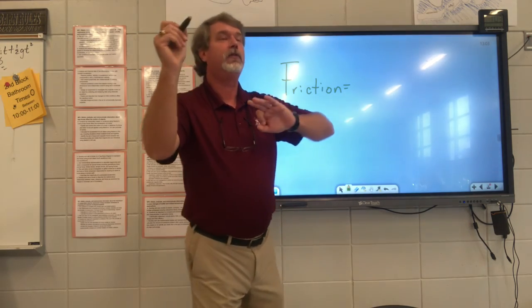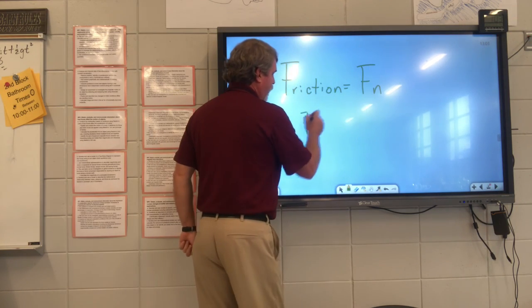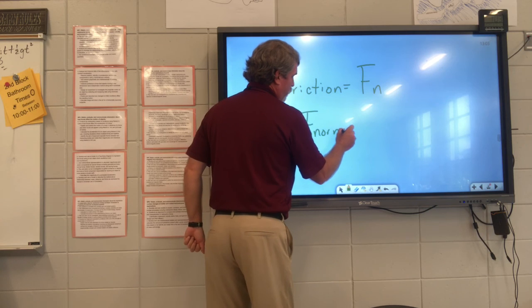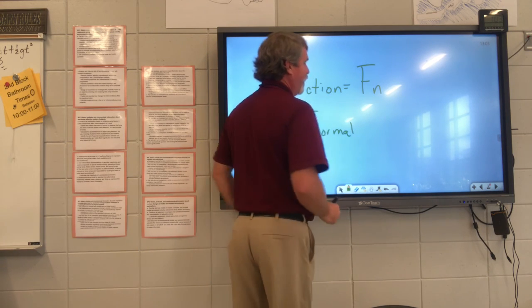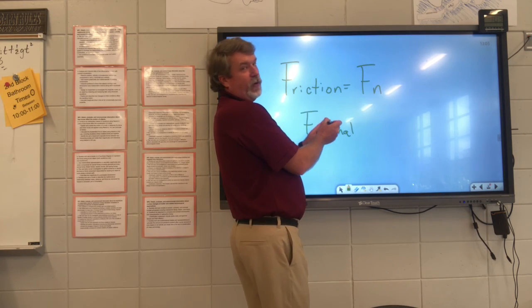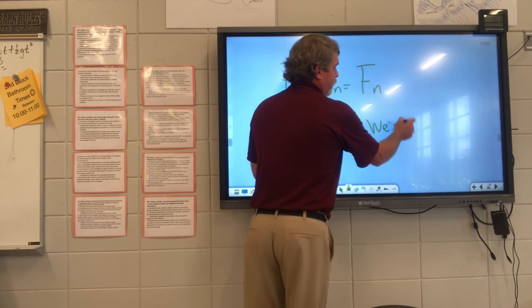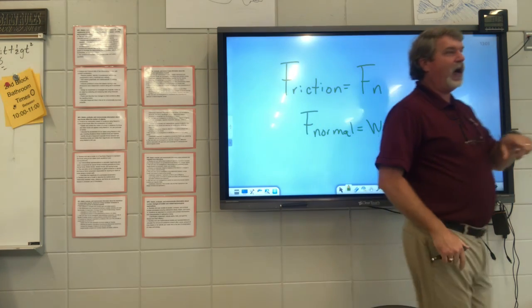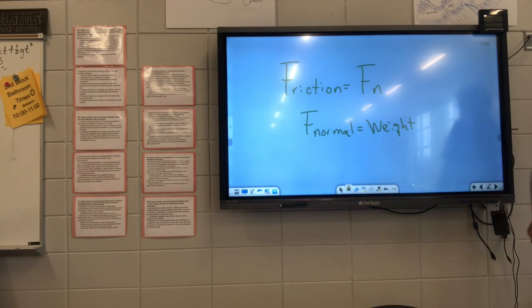It's the force normal. Now, why do we care about studying force normal so much? Because it has to tell me the force of friction. Where do we usually get the force normal from? It always has something to do with the weight. The weight of the object changes the force normal, which changes the friction.